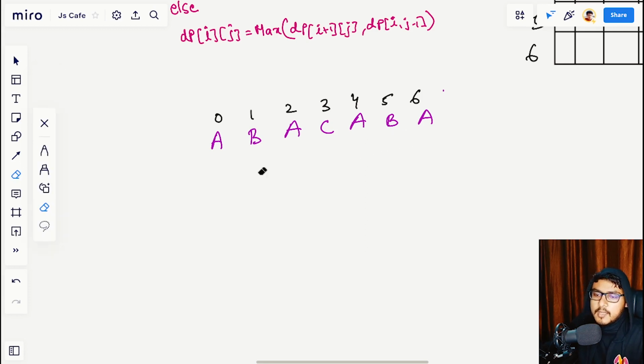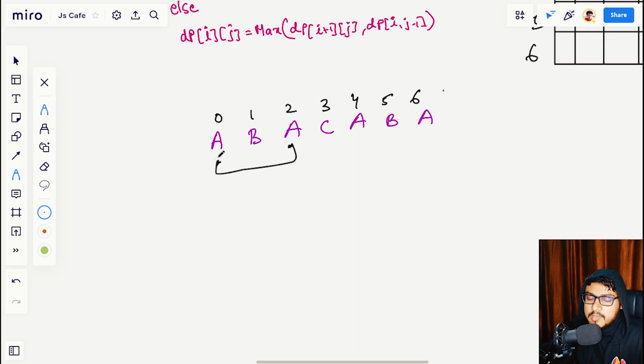Okay, now we will go for 3 characters at a time. Now if I ask you what is the maximum LPS in this case, we are already having A and A forming an LPS for us. So we already have 2 characters that are contributing to our LPS.